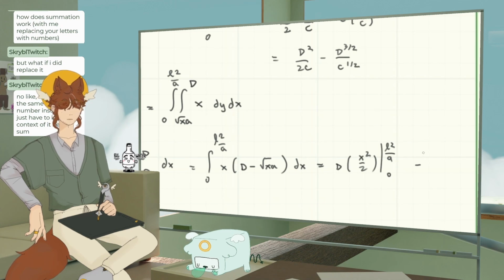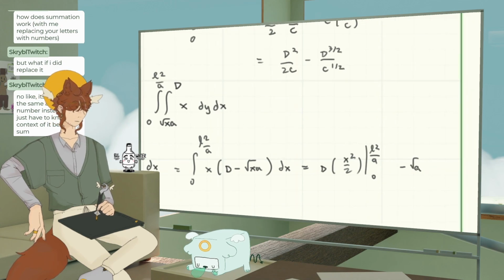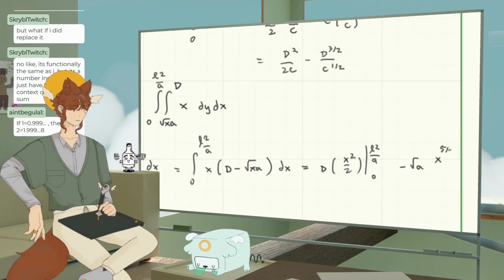It's actually not that bad. I lied. I got scared. Sorry, guys. x to the 3 halves. No, x to the 5 halves over, I guess, 2 over 5. From 0 to L squared over A.